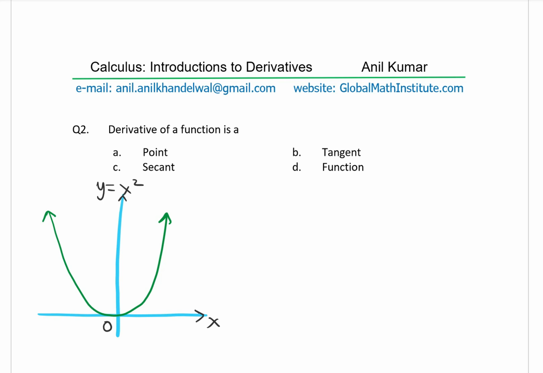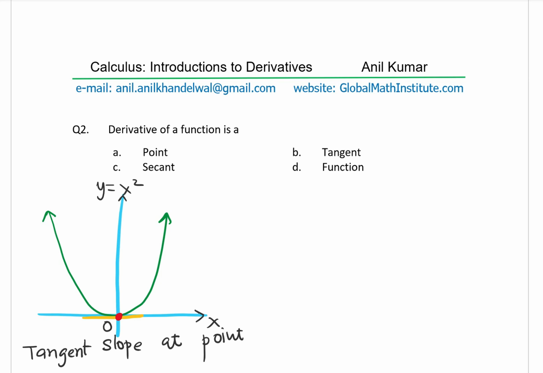Now, if I find tangent at this point, so on the graph we'll find tangent, slope at different points, right? Then what happens? So if I find tangent at this particular point, I get a tangent line, and clearly the slope here is 0, so that point we get here.